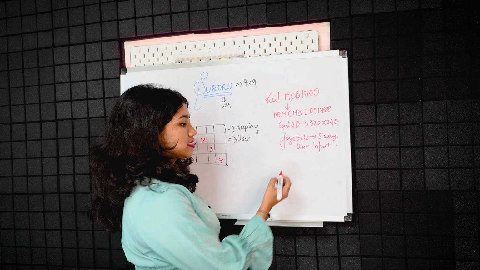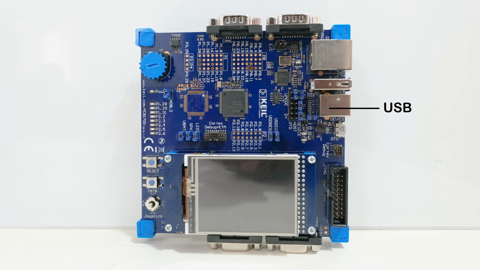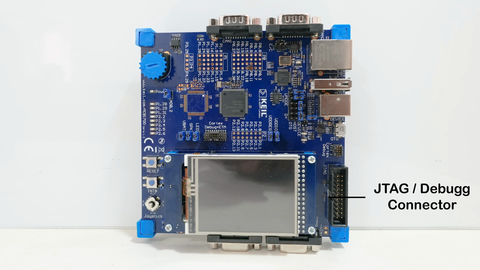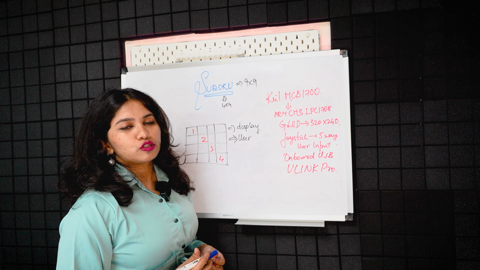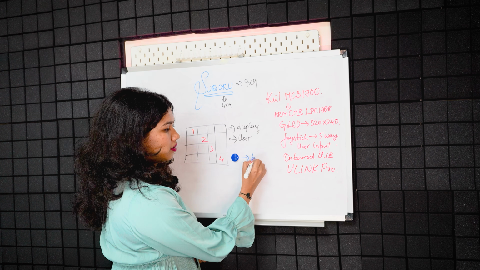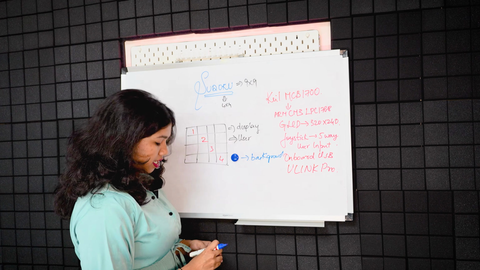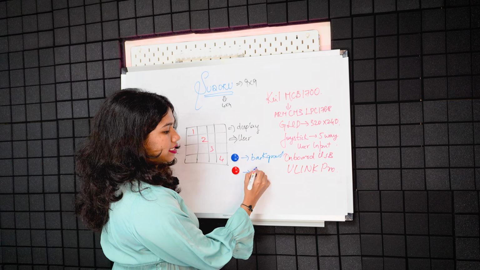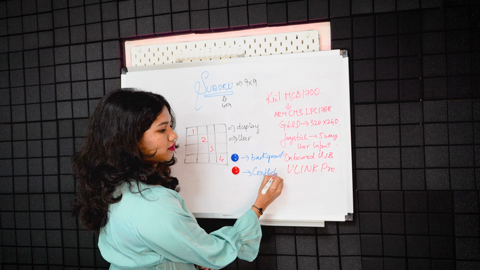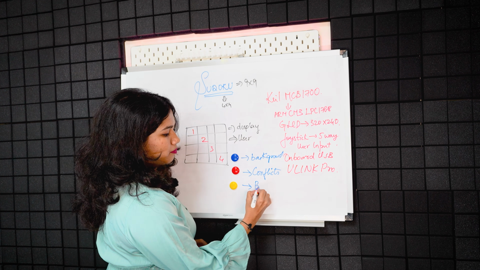It also has onboard USB for power, and support for the U-Link Pro debugger for flashing and debugging. Apart from this, I have also added color coding to our program, where blue indicates background, red indicates any conflicts in the grid, and yellow indicates the preset numbers.